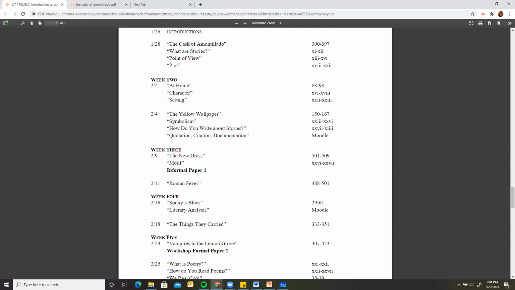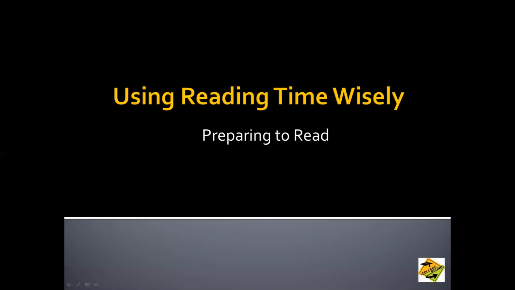Okay, so we're going to transition now from talking about the syllabus to talking about how we are going to start to use our reading time wisely. So the first thing we are going to talk about is preparing to read. Now, this is something that should actually only take you 5 to 10 minutes, but will make a huge difference in how you grasp and understand the text.